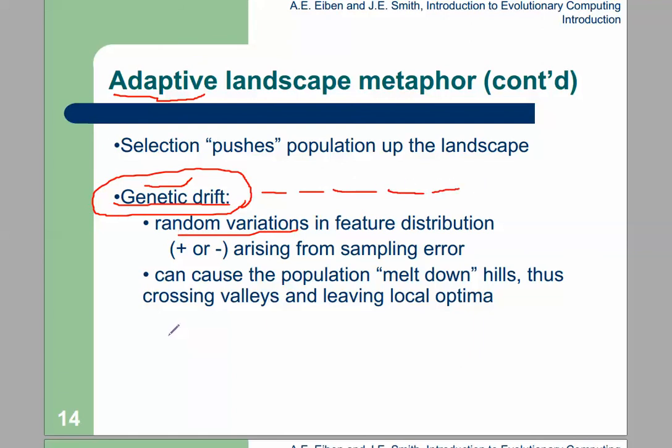Genetic drift is one of the complicated problems in EC that we must solve by variety or by increasing the diversity.